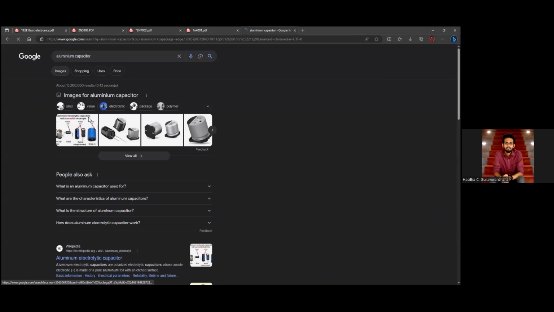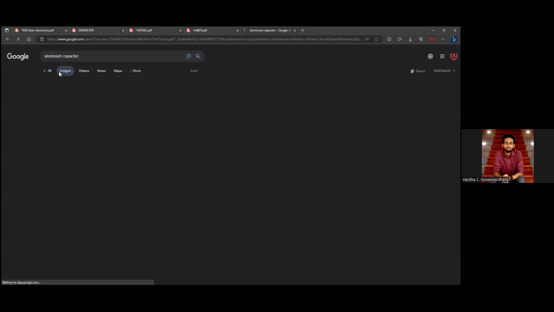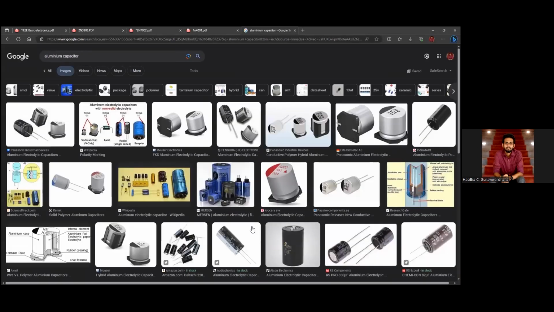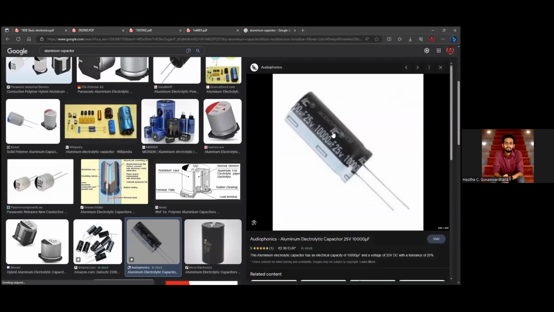If we get a good picture, this is how the rating is in this type of capacitor. The farad value is directly written here, 10,000 microfarad, and the maximum voltage is directly written here.